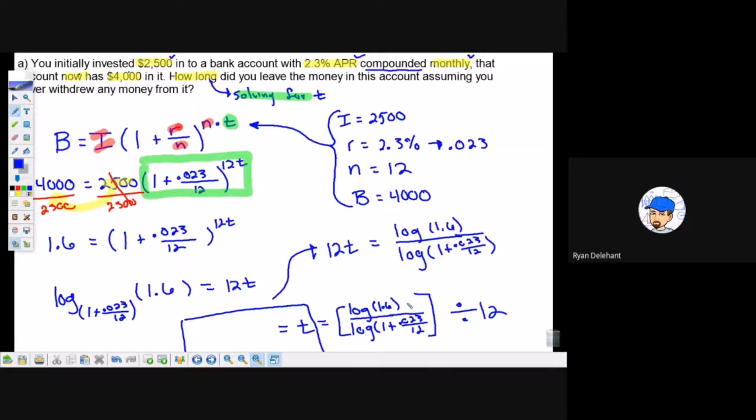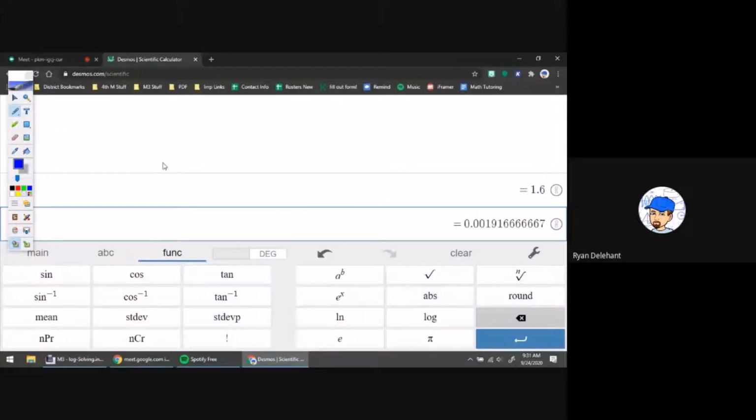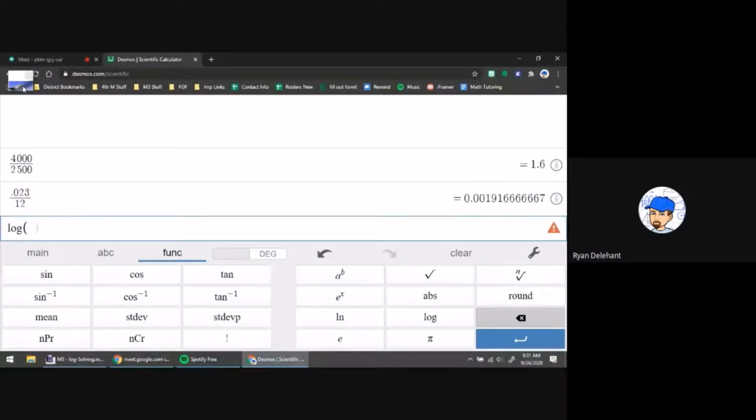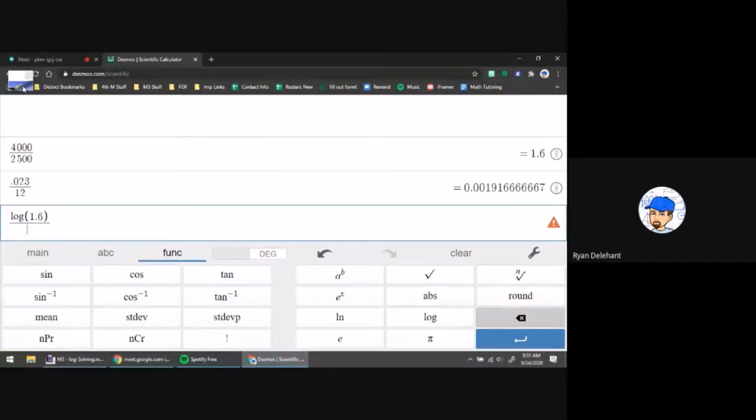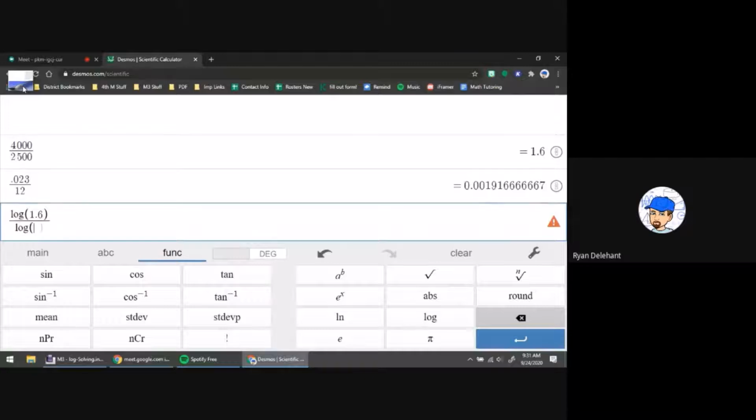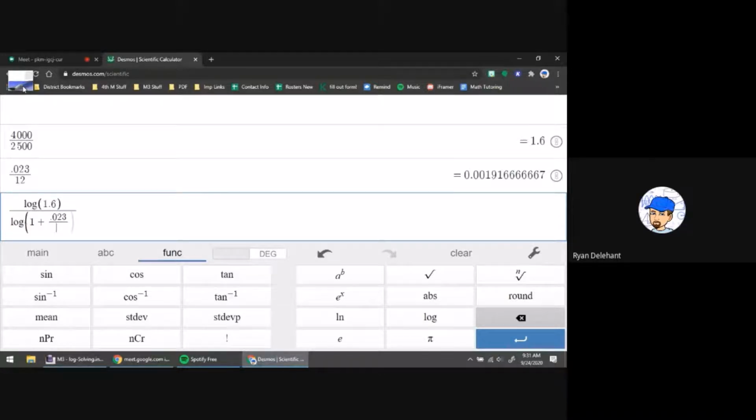So it was the log of 1.6 on the top, right? And we're going to divide that. Just hit the divide key. Log of 1 plus 0.023. Highlight that. We wanted that divided by 12. That's the messy part, right? And it equals that number right there, 2.45.